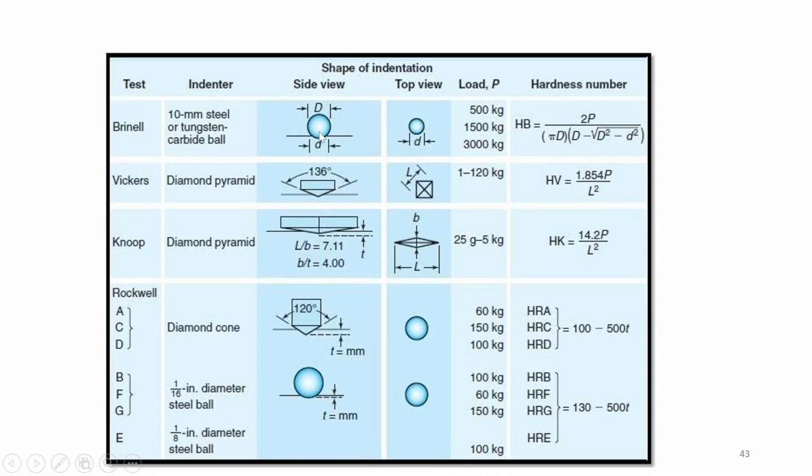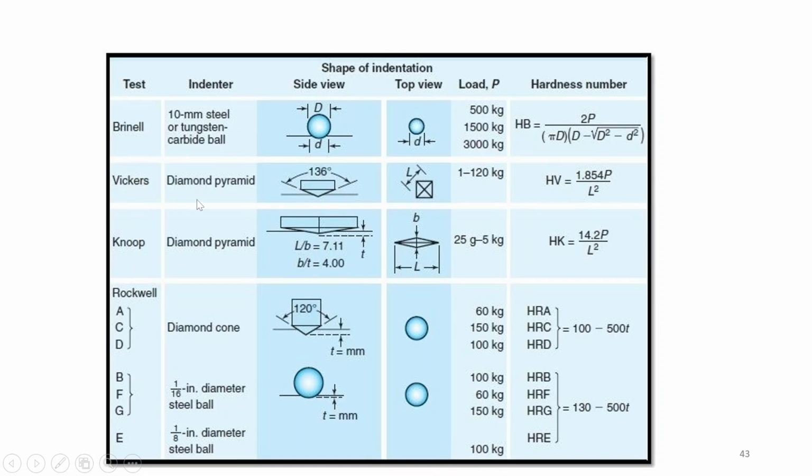The indenter diameter is capital D, and small d is the diameter of the indentation. Loads can be varied between 500 to 3000 kilograms, and the formula is 2 times load divided by pi D times (D minus the square root of D squared minus d squared).